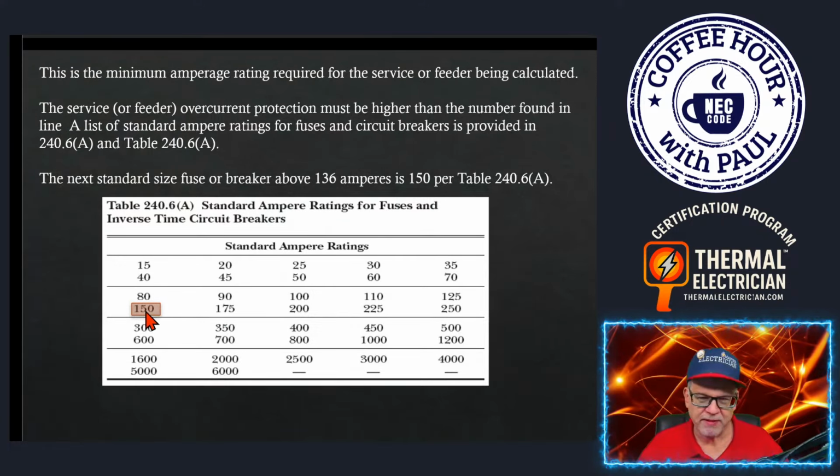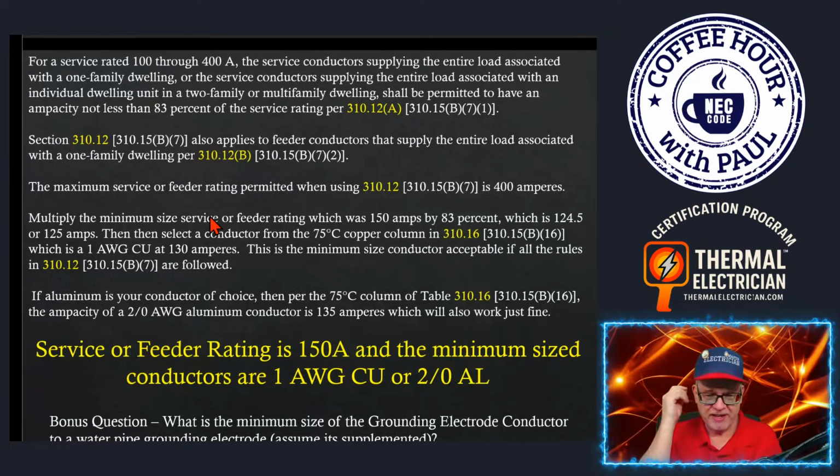So for services, now here's the big question people ask me, Paul, when can I use 310.12? And the answer to that is it doesn't matter whether you're using the standard method or the optional method. I can use it as long as all the parameters fit. Okay.